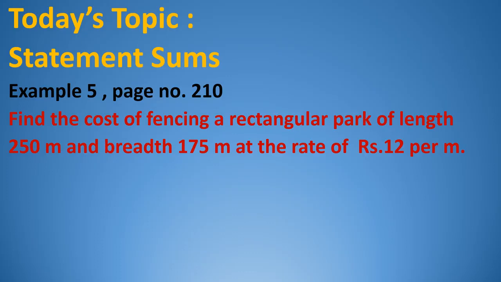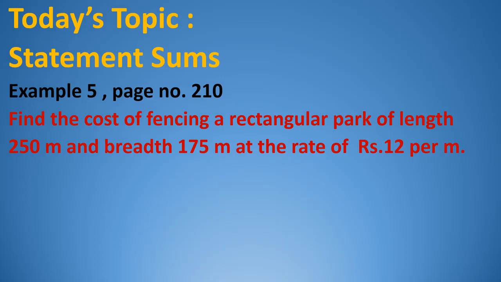Students, I have informed you that whatever work you have to do on the boundary, for that we will find out the perimeter, and fencing we always do on the boundary.